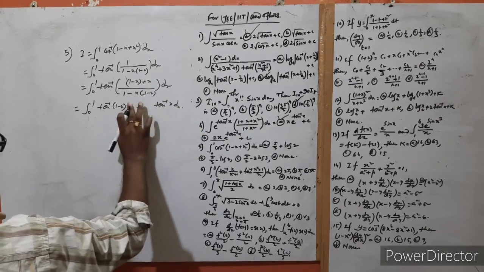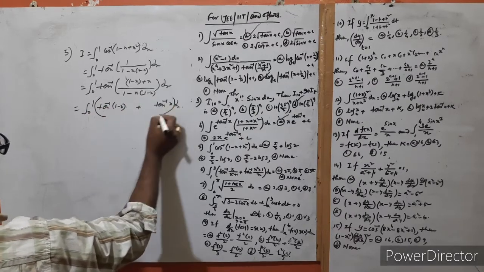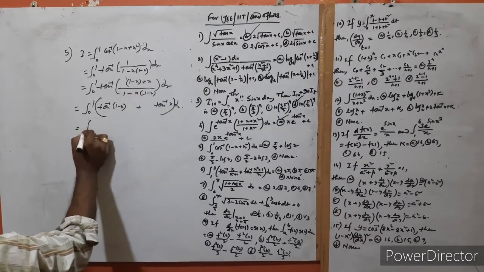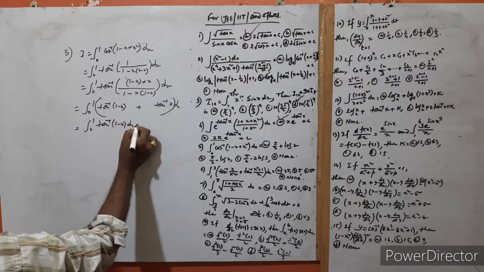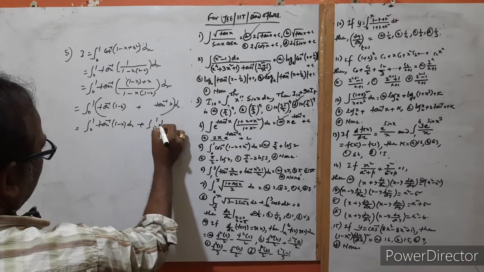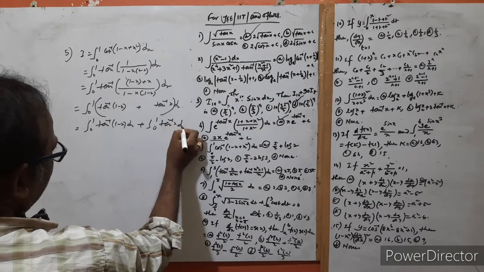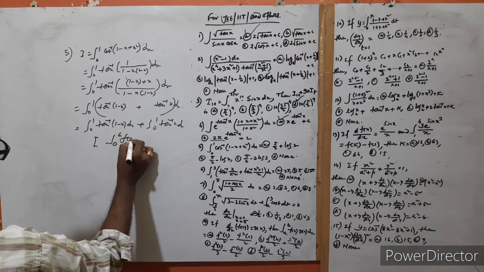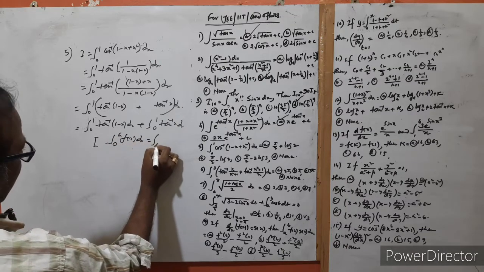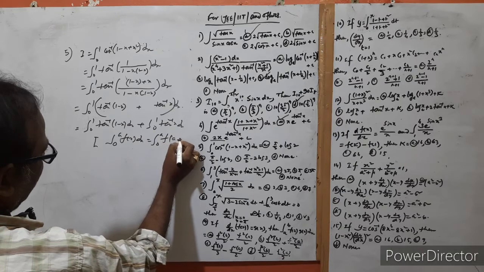So like that, this is the whole formula of tan inverse. So the integral from 0 to 1 of tan inverse of 1 minus x dx, and the integral from 0 to 1 of tan inverse x dx. And students, you know the property that the integral from 0 to a of f of x dx can be written as the integral from 0 to a of f of a minus x dx.